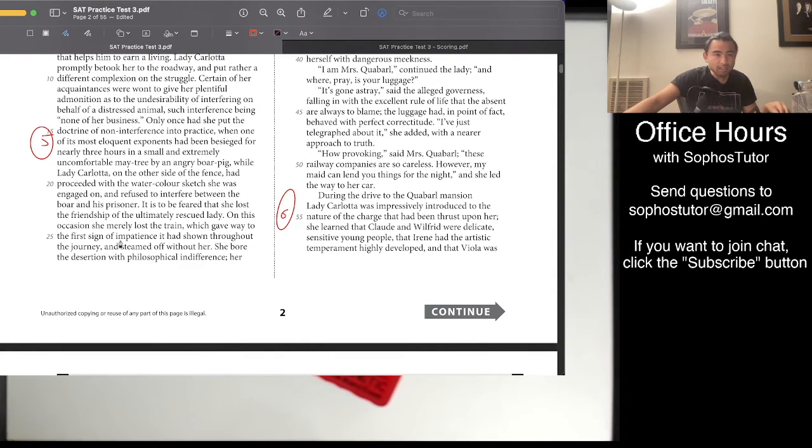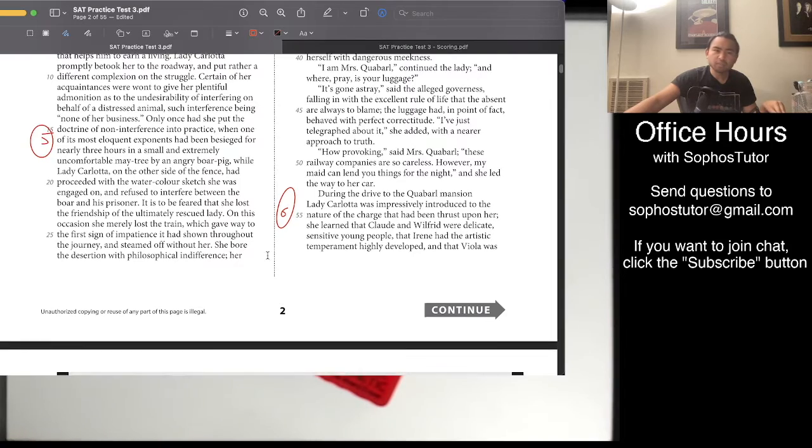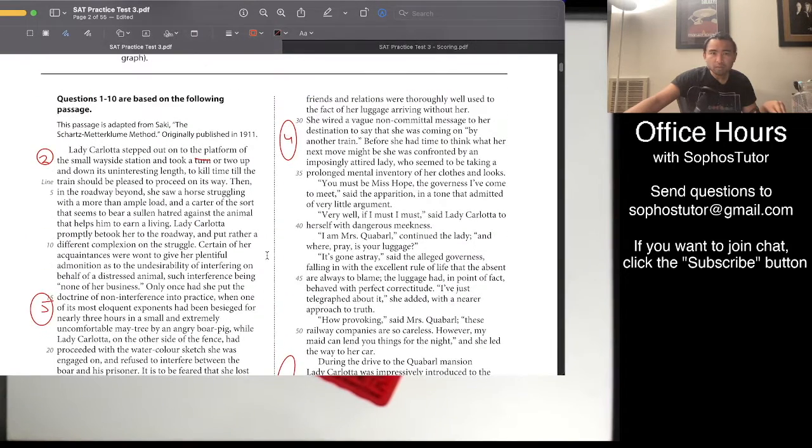Okay. On this occasion, she merely lost the train, which gave way to the first sign of impatience it had shown throughout the journey, and steamed off without her. She bore the desertion with philosophical indifference. Her friends and relations were thoroughly well used to the fact of her luggage arriving without her. So, okay.